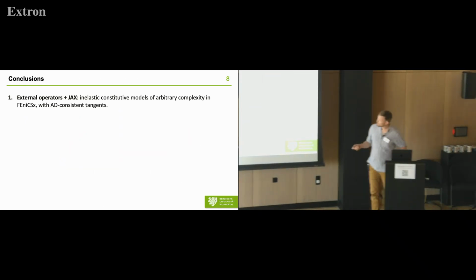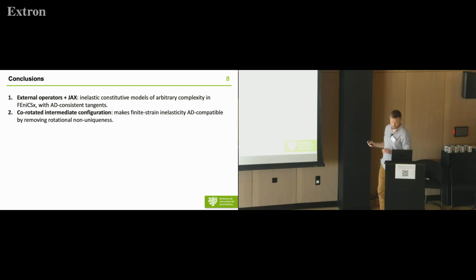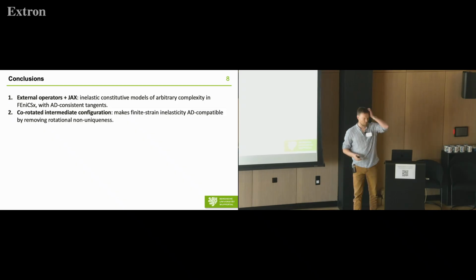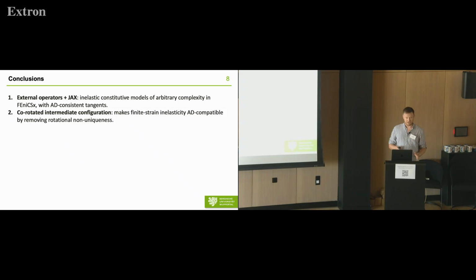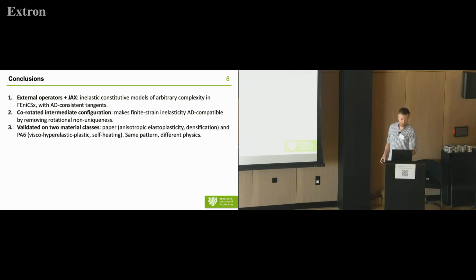External operators plus JAX are really nice for us, in order to get any constitutive models that we want in FEniCS, and rather rapidly, because we can circumvent these tedious tensor derivations when using AD. Nevertheless, AD works well only if we use this co-rotated intermediate configuration, which we do, and then we validated our approach for two different material classes using essentially the same pattern.